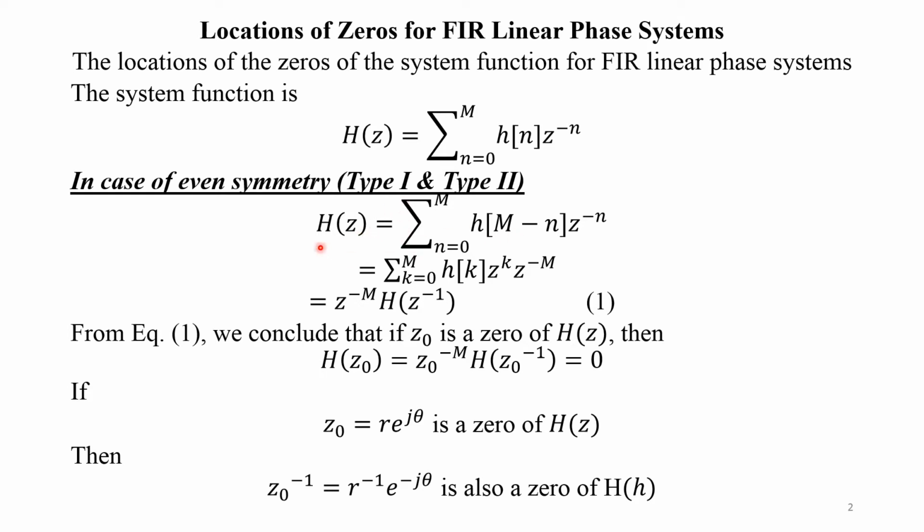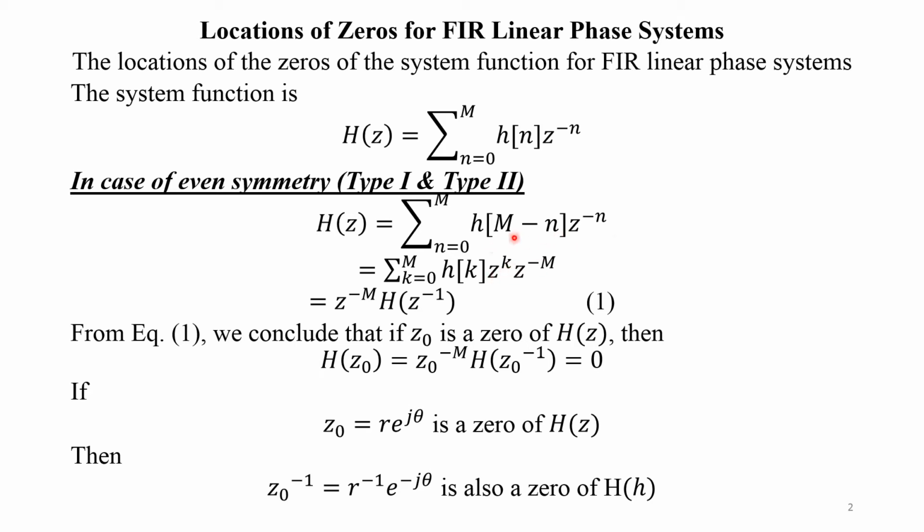So the z transform of h of n, resulting in the system function, will be H of z equals the summation, n running from 0 up to M, of h of M minus n, which is the impulse response, multiplied by z to the power minus n.